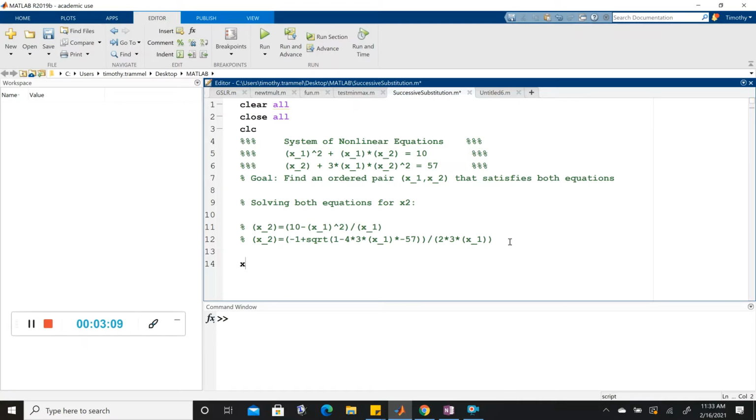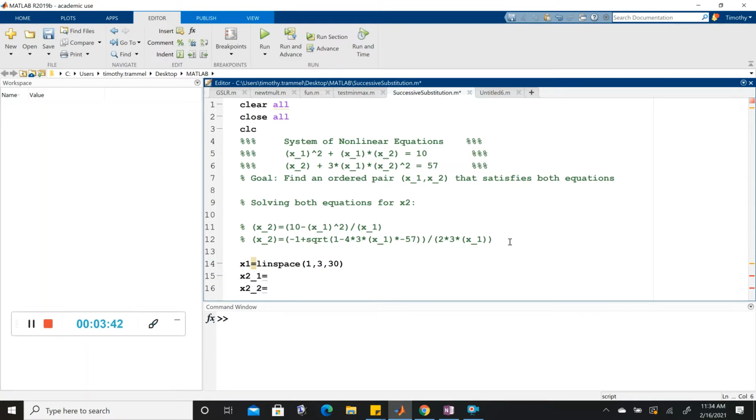In order to do that, let's pick some values for x1. Let's say we're going to go from 1 to 3, and let's do 30 points in that vector. And then we'll have x2_1 and x2_2, which is just for each one of our equations for x2.